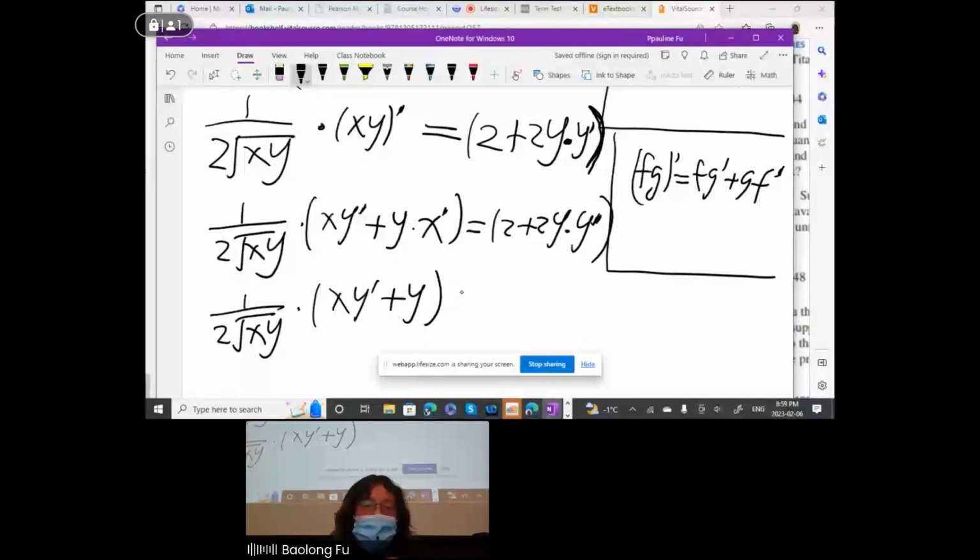The derivative of x is 1. 2 plus 2y times y prime. Right-hand side, I just copy down.